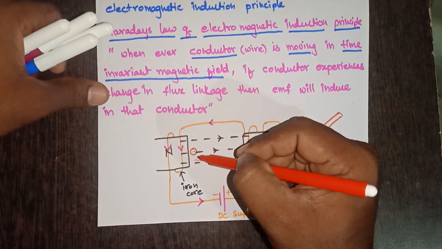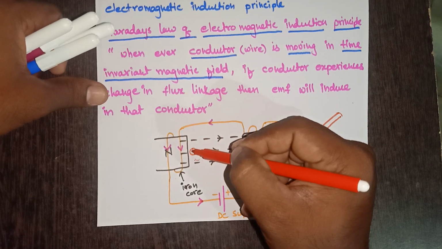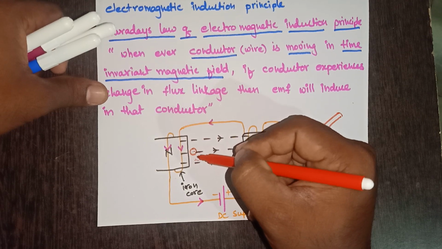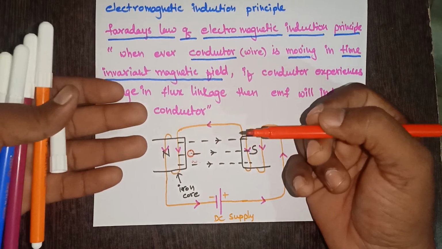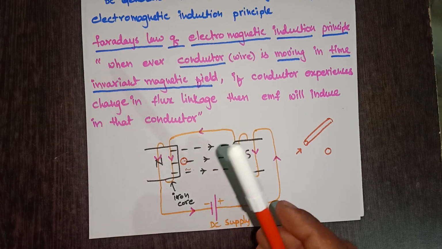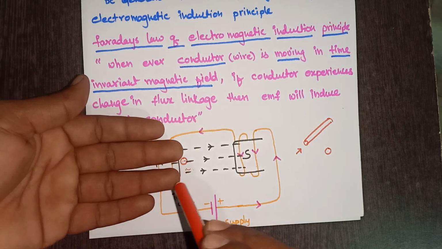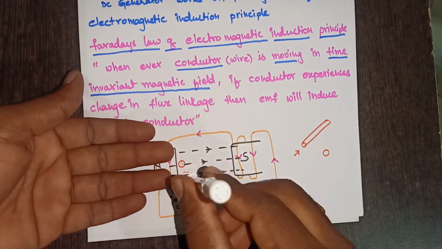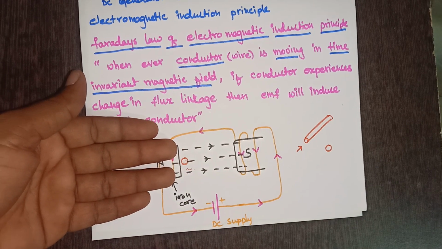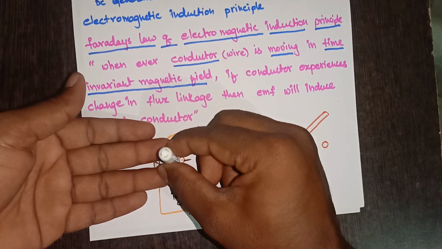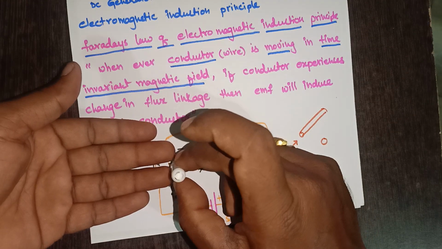Whenever a conductor moves from one point to another, if this conductor is cutting the flux lines, let me consider it like this. See, these four fingers are considered as flux lines, right? And if you consider this ink pen as the conductor, if I move this conductor in this way, what will happen?